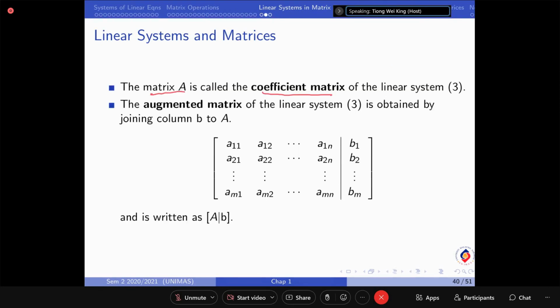Another way we write a matrix to represent a linear system is the augmented matrix.